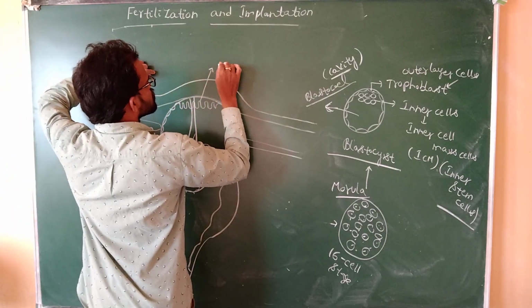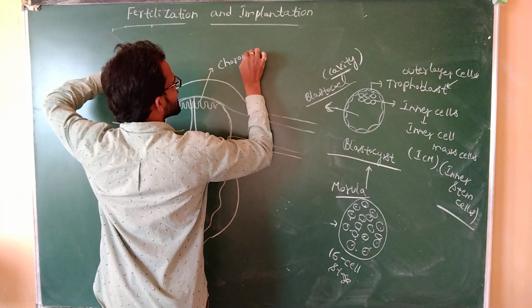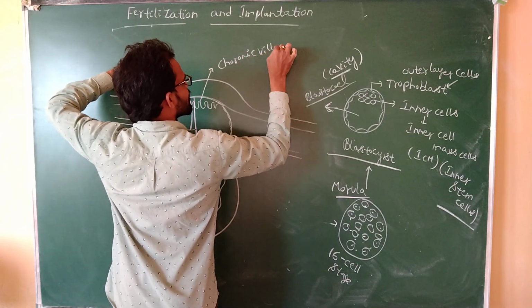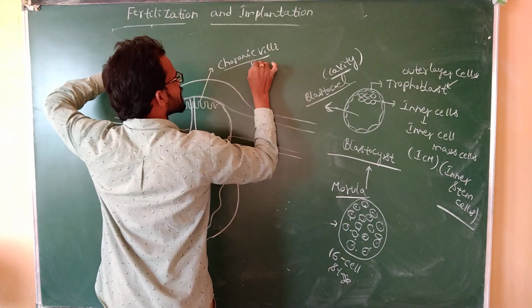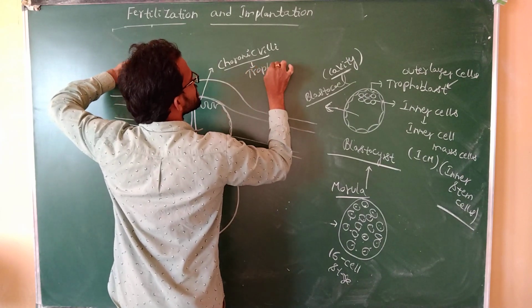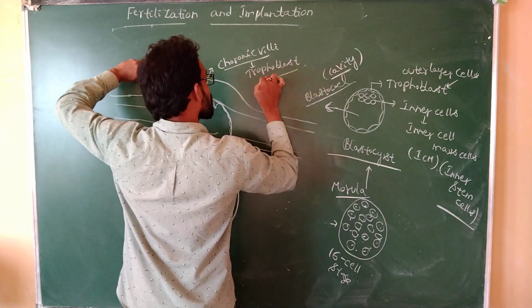This finger-like projection is the chorionic villi. The chorionic villi are nothing but trophoblast cells modified into finger-like projections.